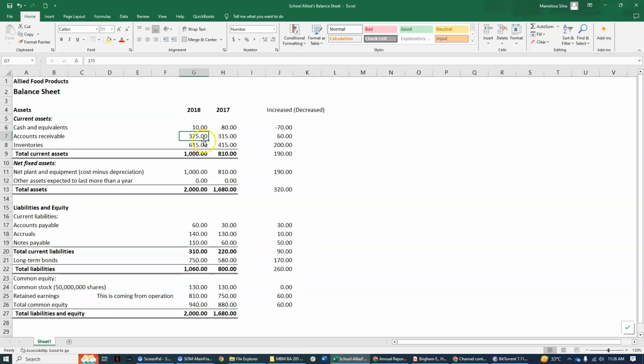Because these accounts receivable are generated from credit sales. If you extend on account sales to your customers, then you can have these accounts receivable. But you have no certainty whether this is to be collected within 30 days, 45 days, or 15 days. So it varies.